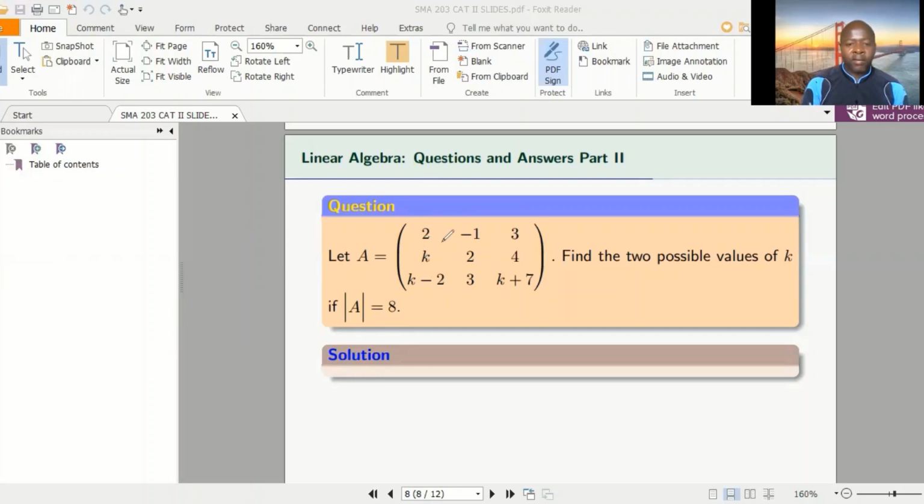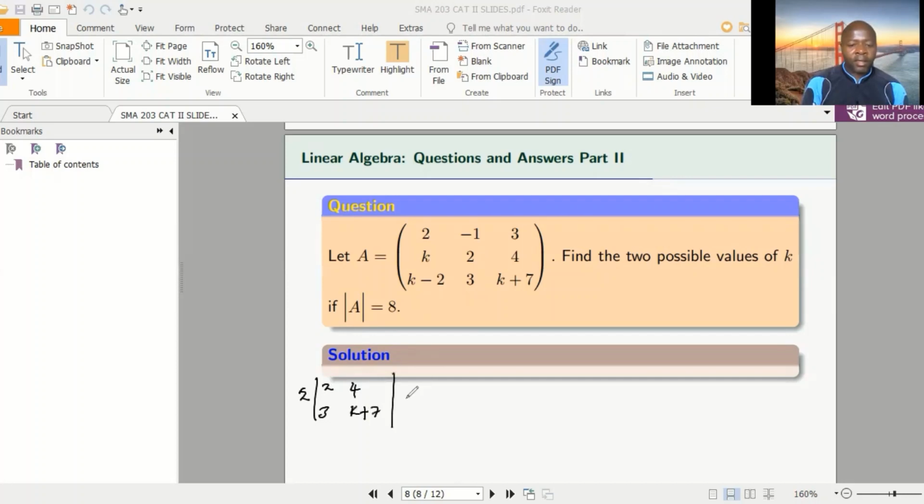Now we can find the determinant along any row or along any column. I choose to find mine along column 1. So if I do that, I will have 2 into, delete the row of 2 and the column of 2, you are left with 2k plus 4 and 3, k plus 7.